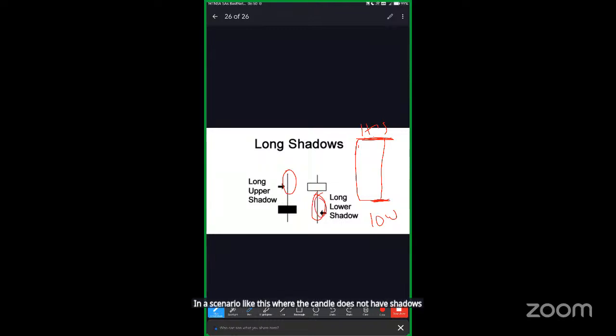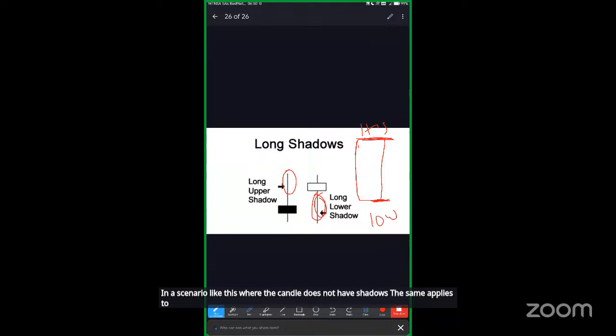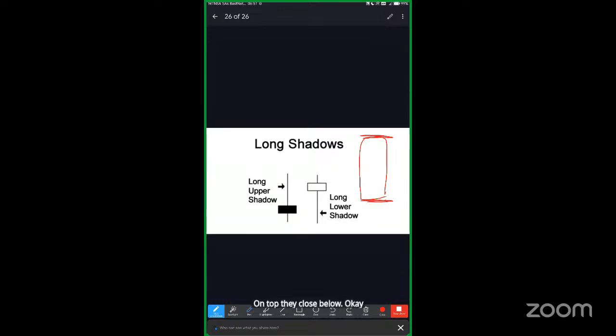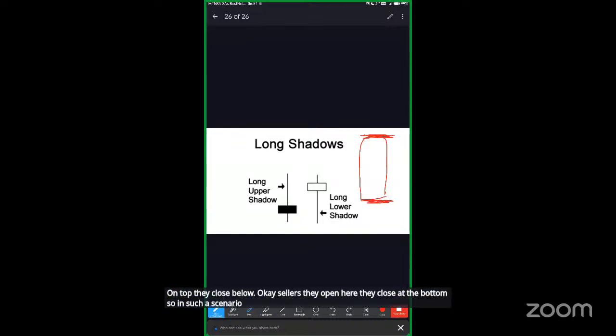The same applies to sellers. If this is a selling candle, full bodied like this, we said that the sellers open on top, they close below. So in such a scenario, the opening of this candle becomes the high of the market, and the closing of the candle becomes the low of the market.